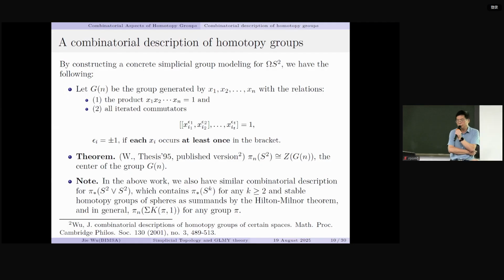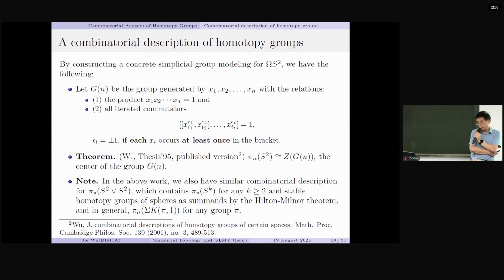Now, the second relation: you deal with all possible commutators. If each generator appears at least once, all these commutators are made trivial. So that's the group you can define. Now it turns out the center of this group exactly appears as the nth homotopy group of S2.